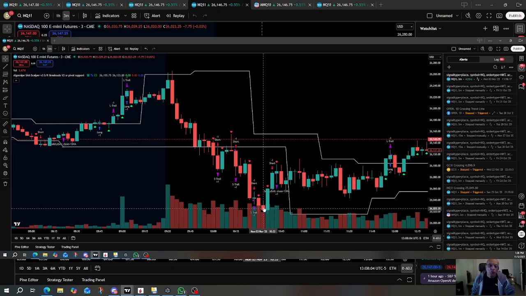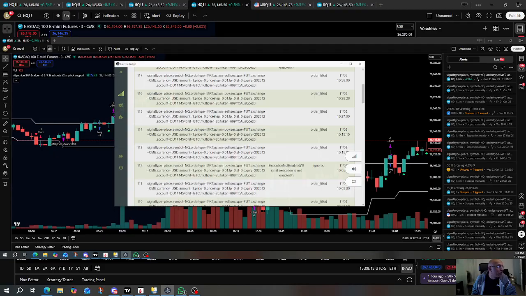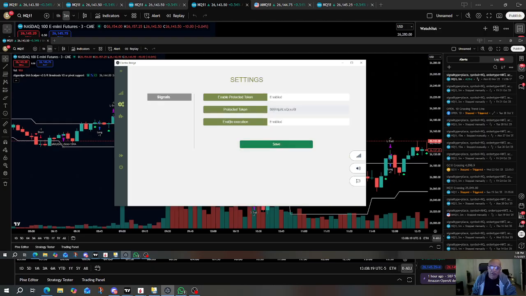So I let the software take the trade. Then I go back in here to that software, which is this one here, and I have this Enable Execution option. As soon as it takes a trade, it goes tick, tick, tick, and takes the trade.